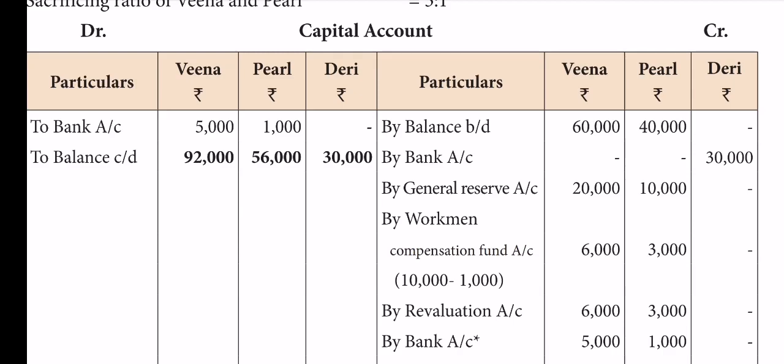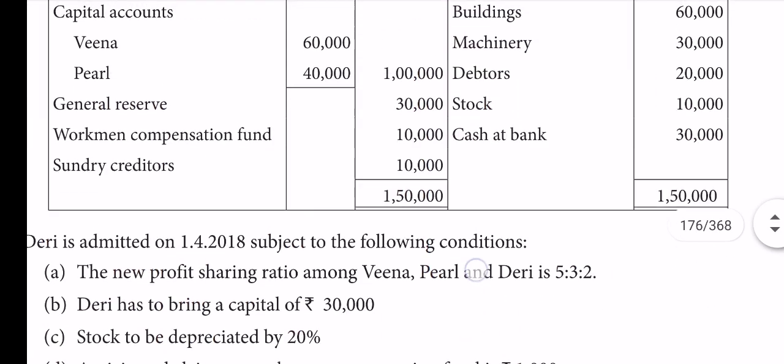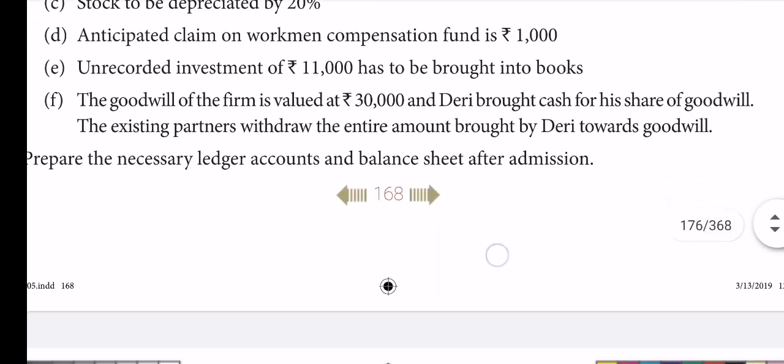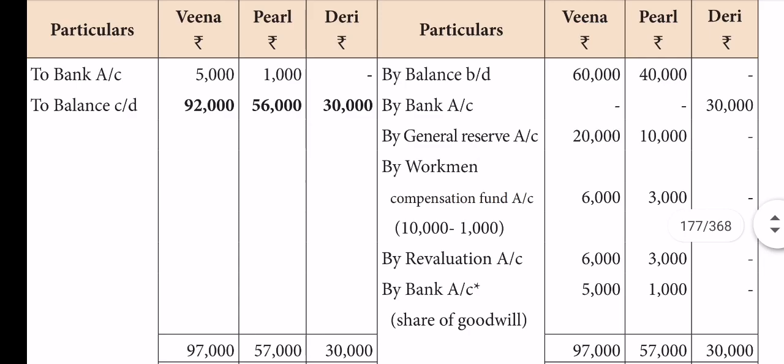Always keep the new partner as the last one. In the capital account, the first posting begins with balance brought down, that is the opening balance of capital. The capitals of Veena and PL are 60 and 40, so by balance brought down 60 and 40. Leave the third partner.